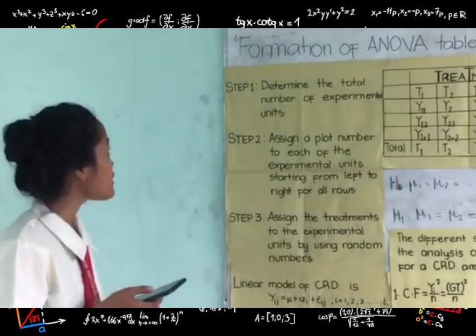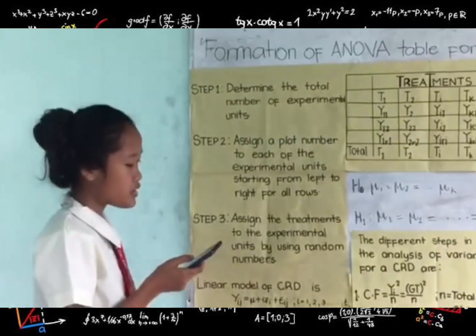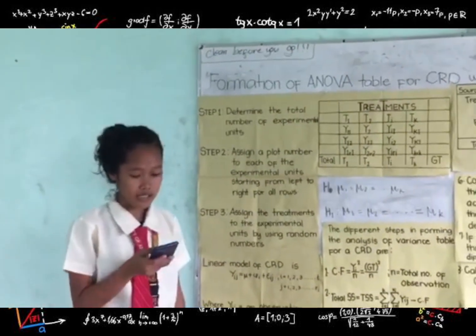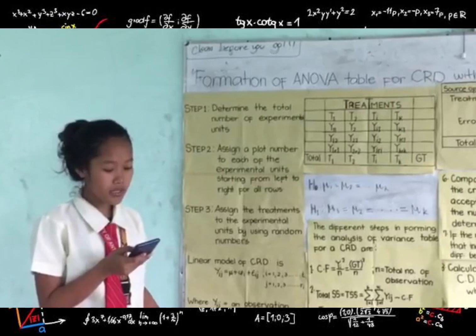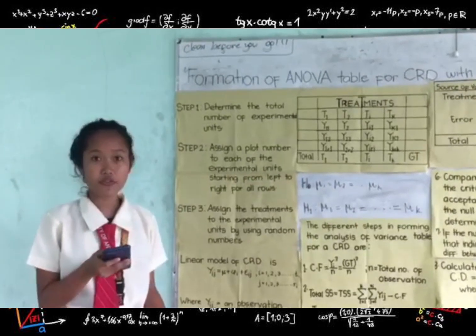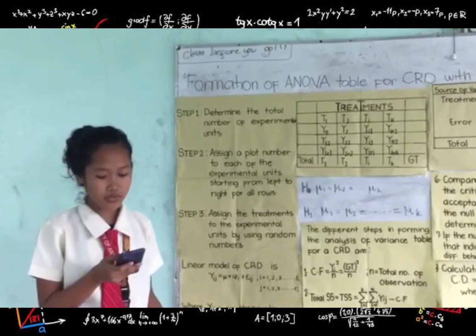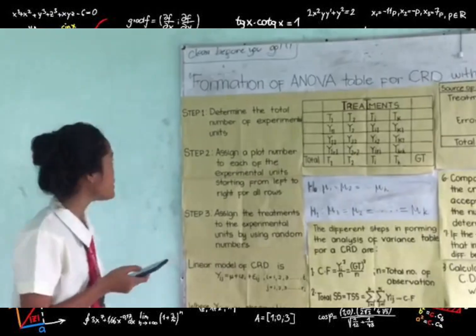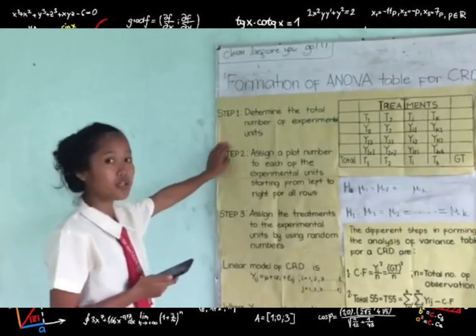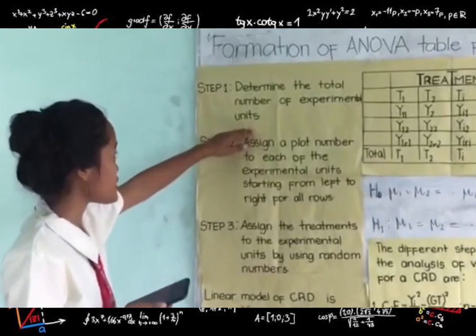Here we have the process on how to lay out a completely randomized design. The randomization procedure for allotting the treatments to various units will be as follows. First, we have to determine the total number of experimental units.